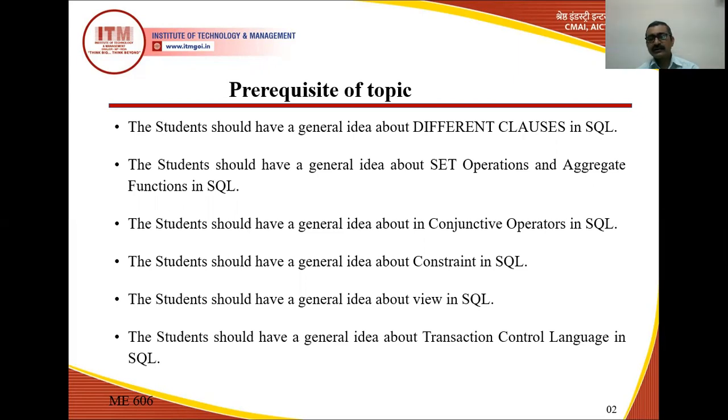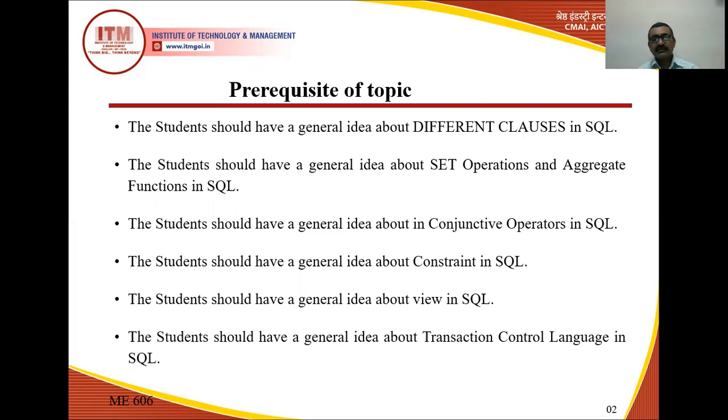If you have to create a particular table with different fields, and you declare the not null constraint, then there is no chance that the value of a particular column is null. Unique constraint provides uniqueness in a particular column. Then after that, primary constraint, foreign constraint, and the check constraint. So all types of constraint we have to discuss in this topic.